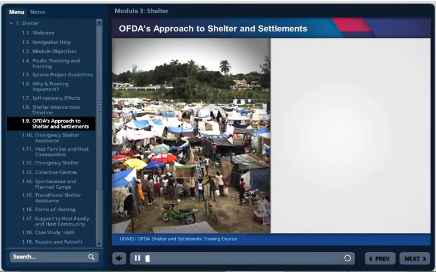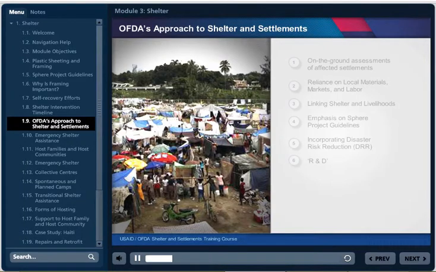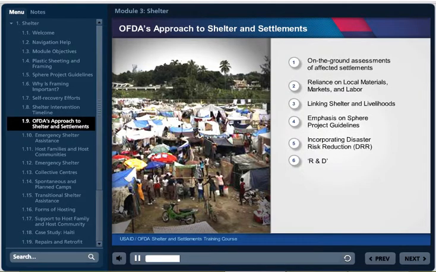We touched briefly on USAID and OFDA's approach to shelter and settlements in Module 1. Let's now revisit some key points of the approach before we move forward in this module. The approach emphasizes the use of market-based assessments of damage and need to better gauge impacts, resources, and opportunities in disaster or crisis-affected areas.